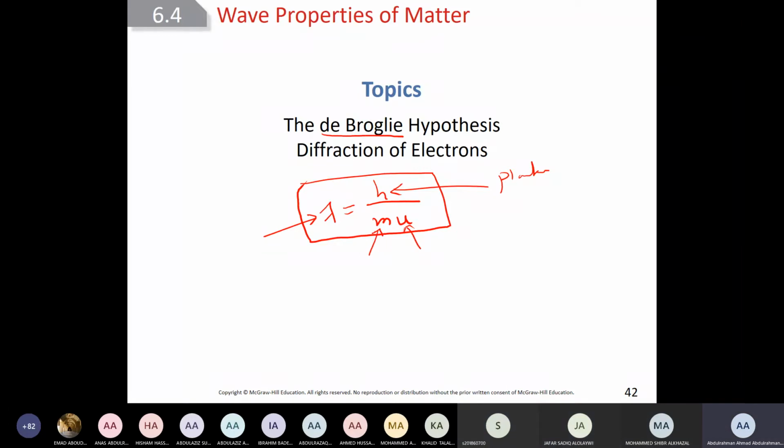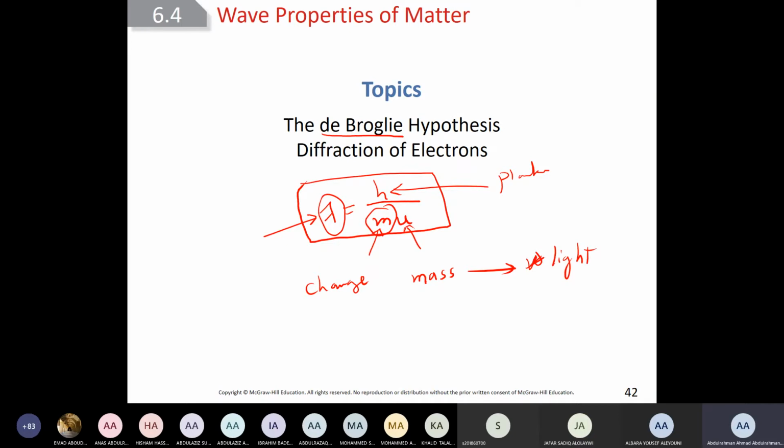What can this equation do? It can change mass to waves, light. Light is better. Okay, in which we have waves.